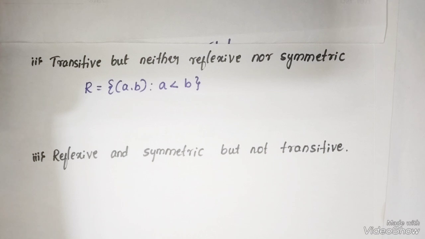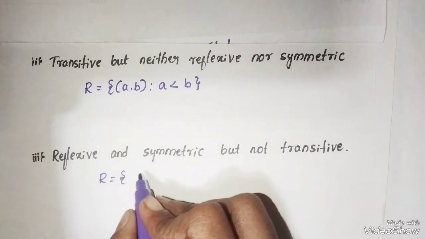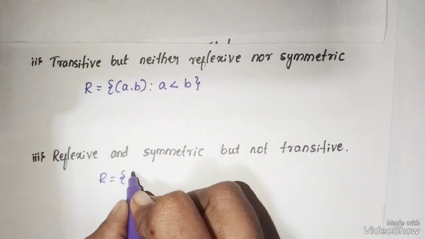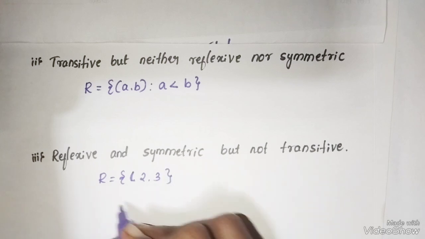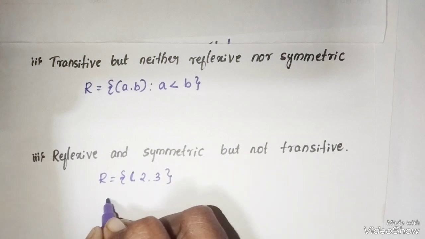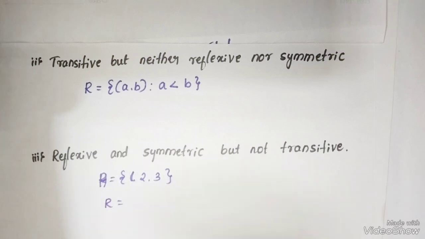Here the transitive condition is obeyed. Again, for reflexive and symmetric but not transitive, consider a relation R on the set containing the elements 1, 2, 3.